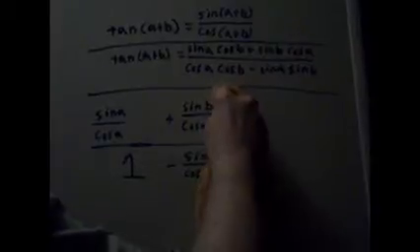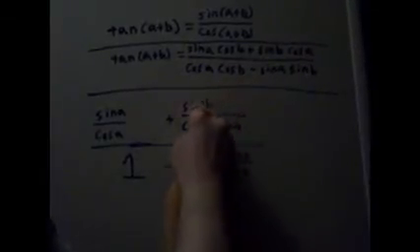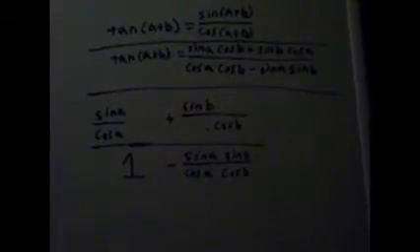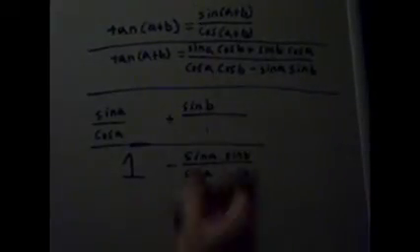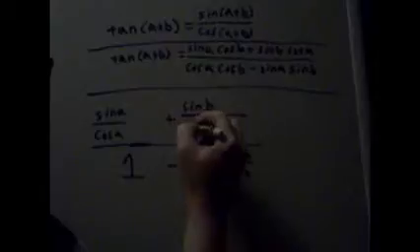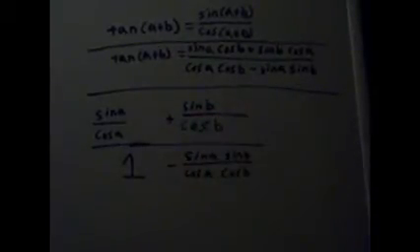I'm going to get rid of this. I'm going to get rid of this. So now what you have is sine B divided by cosine B. Alright? So let's just shift this cosine B, just like that. We can do that, no problem.